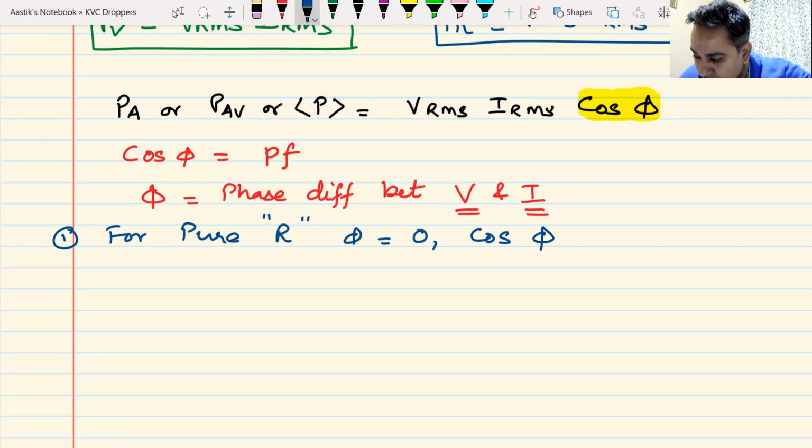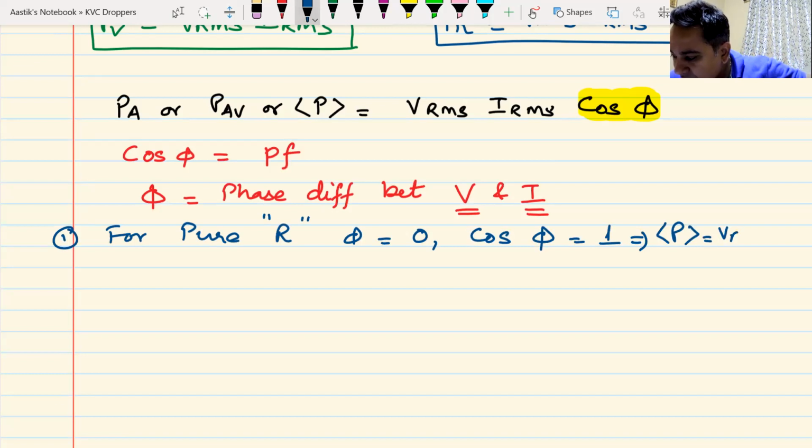Cos phi becomes 1, and your average power becomes VRMS into IRMS. Please remember this.